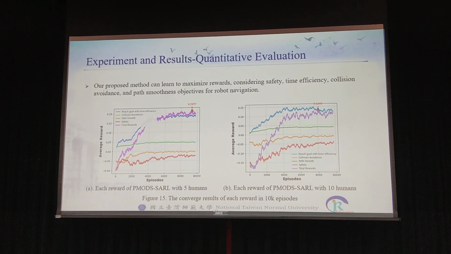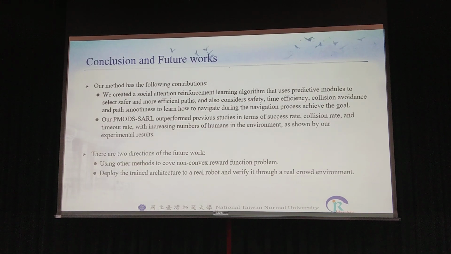And this is my conclusion. We propose a multi-object prediction based robot navigation system using deep reinforcement learning. Our contribution is a social attention information learning approach that uses prediction models to select safe and more efficient paths, and also considers safety, time efficiency, collision avoidance, and path smoothness to learn how to navigate and achieve goals.